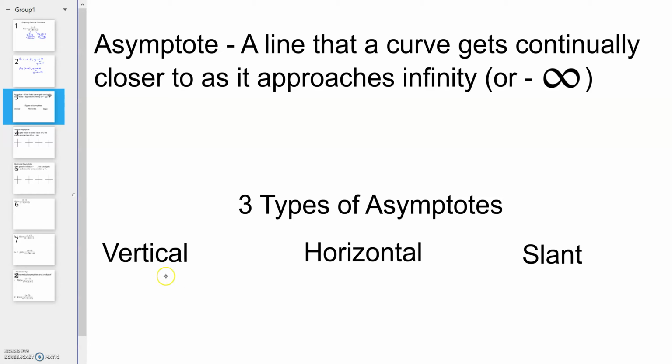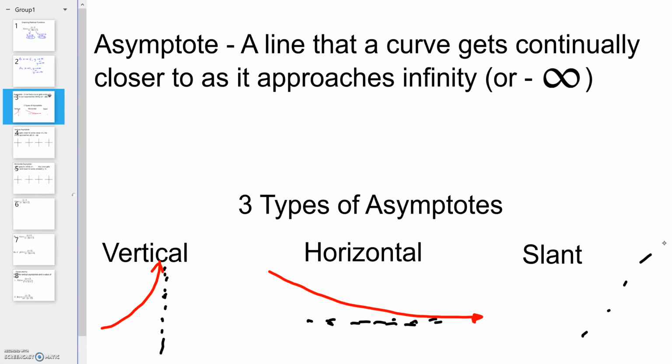What that means is that there's some vertical line that my curve gets really close to as it approaches infinity in the vertical direction. A horizontal asymptote would be a horizontal line that the curve is getting closer and closer to as it approaches infinity in the horizontal direction. Slant asymptotes, you can probably guess, it's a slanted line that it approaches, but we're not going to be talking about that as much in this class.